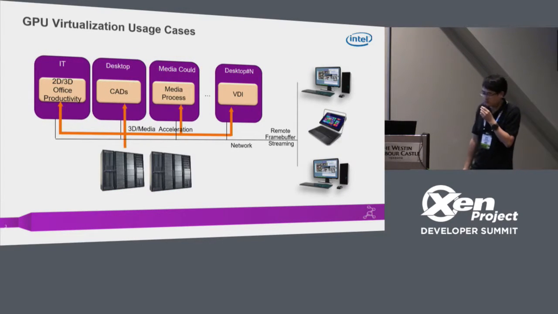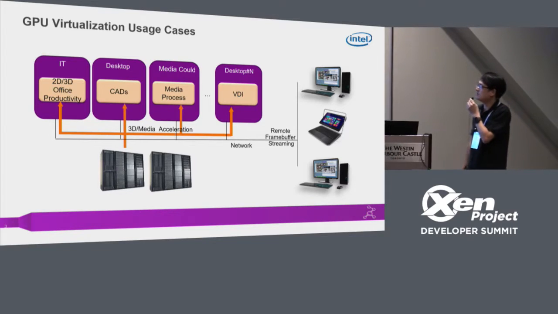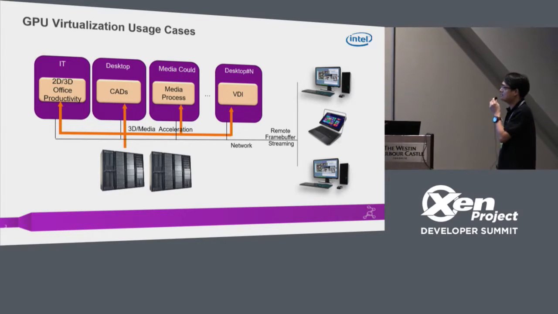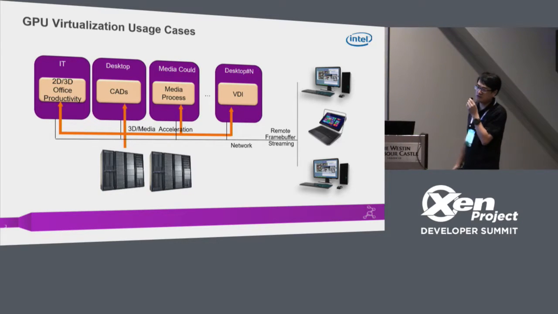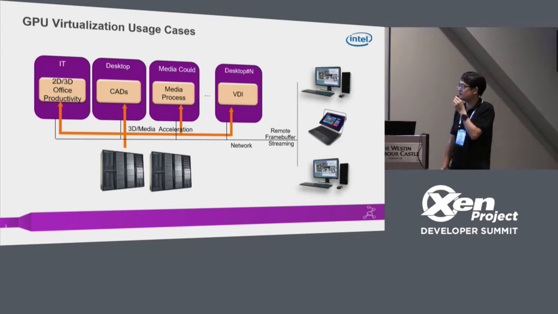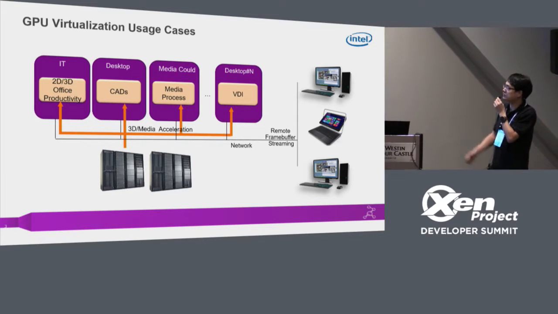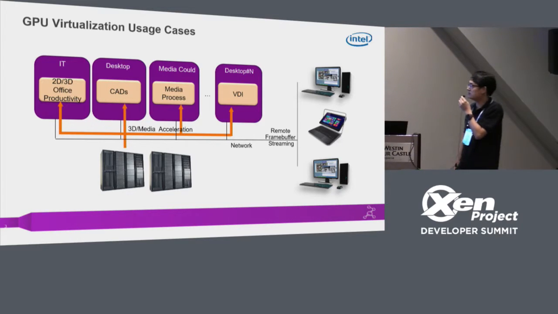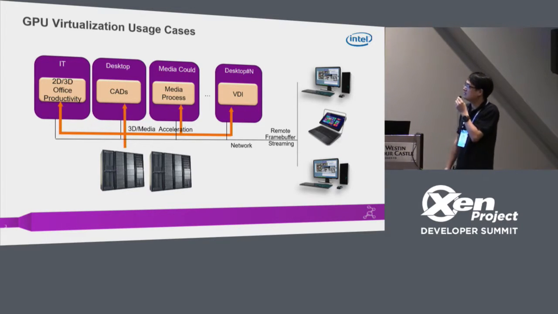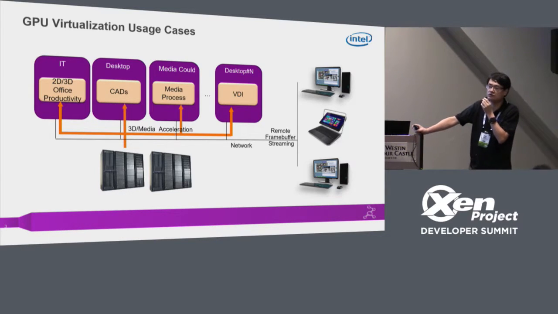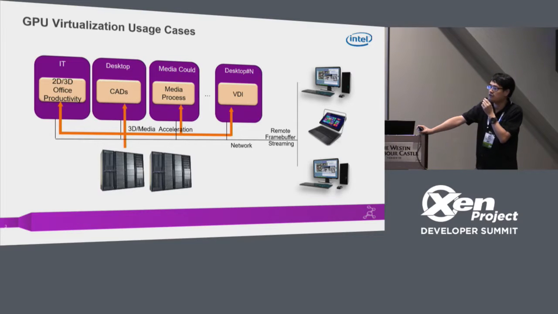For GPU virtualization, this is a very simple introduction to the usage cases. Basically, any 3D or 2D workload in a guest needs GPU virtualization, like the remote VDI usage model, especially on the cloud or data center side. Media processing, more of the real-time processing, is trying to use the GPU to accelerate decoding and transcoding.